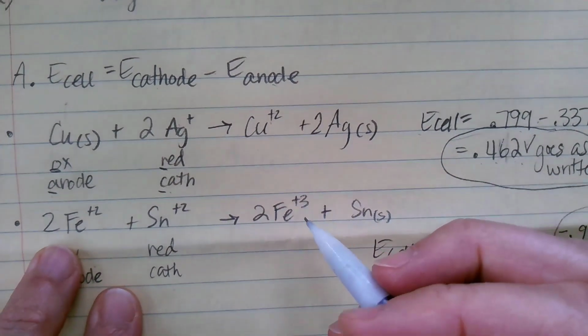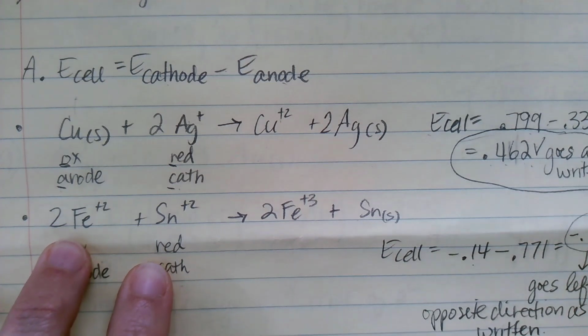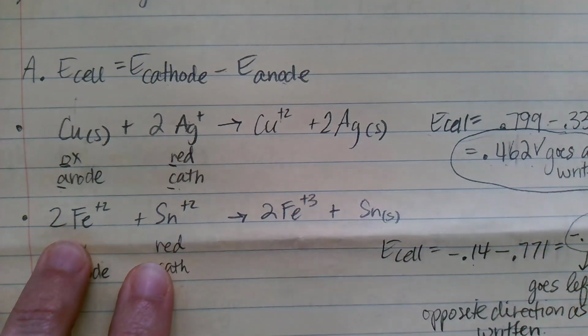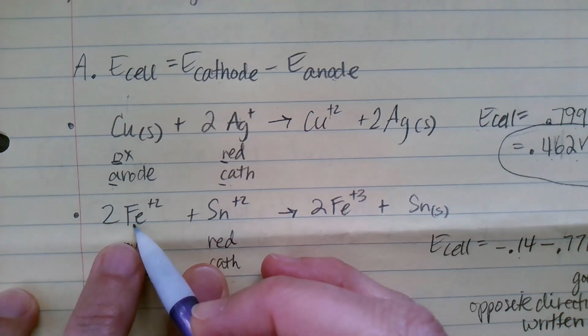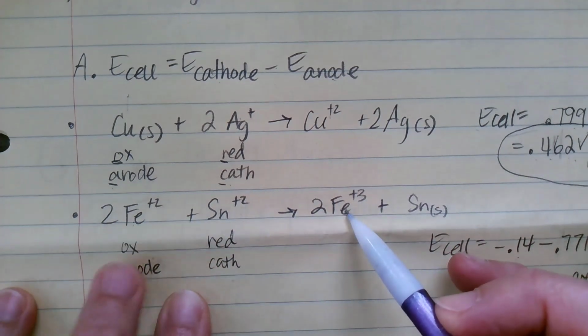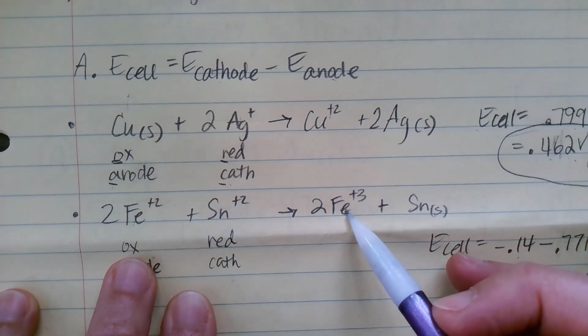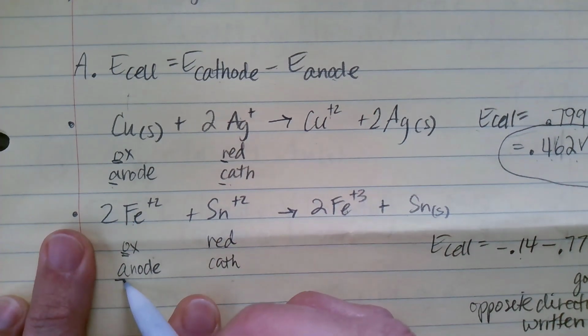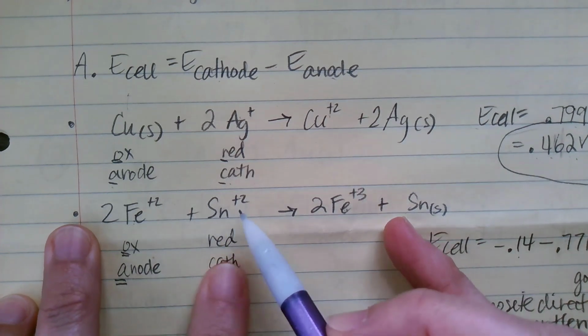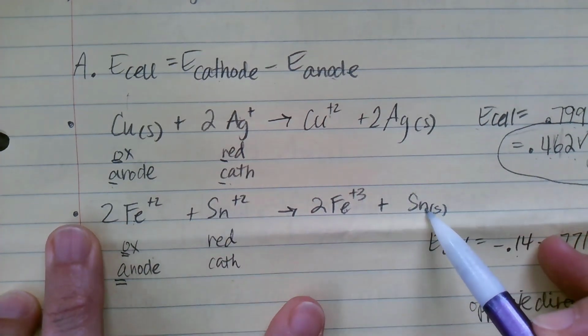Let's look at the second part of the problem. We were given 2 Fe plus 2 plus tin plus 2. So if I look from left to right, my iron goes from plus 2 to plus 3. So it's lost electrons. It's becoming more positive. So the Fe is oxidized, so it's the anode. The tin went from plus 2 to 0.